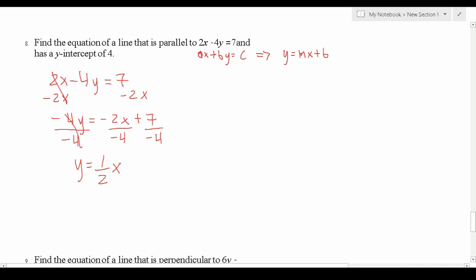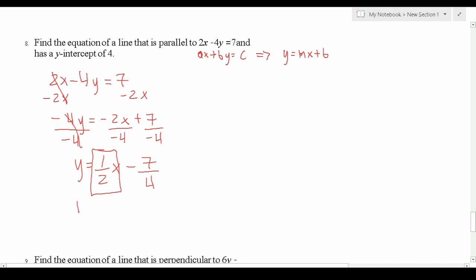Again, 2 over 4 reduces to 1/2. And we have 7 over negative 4, which is the same as negative 7 over 4. So from here, we've rewritten this equation into slope-intercept form, which will allow us to identify our slope.